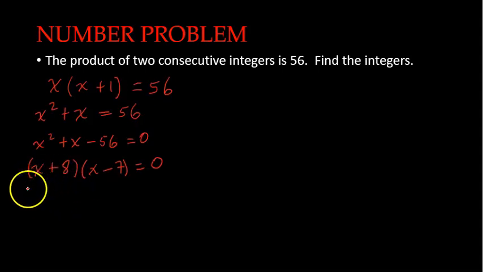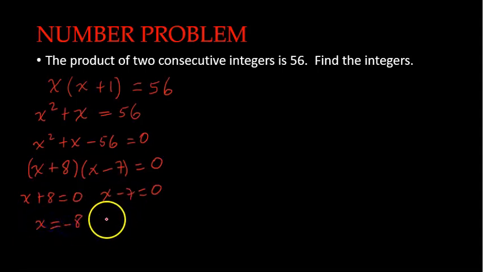Now, we set each factor equal to 0 and solve these linear equations. In the first case, x equals negative 8, and in the second case, x equals 7. Now we test each solution in the original equation.